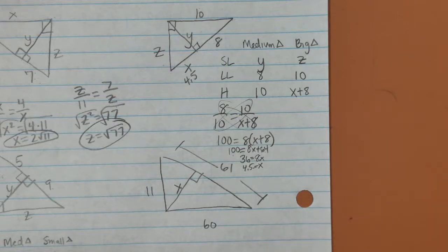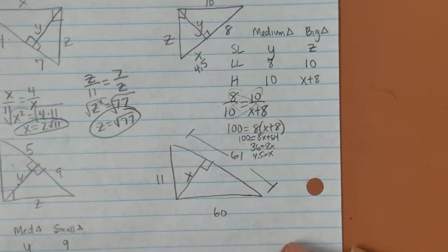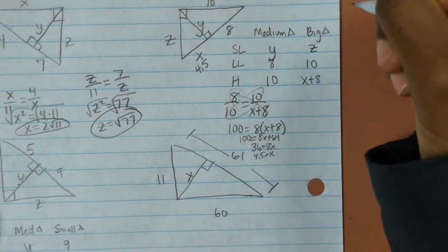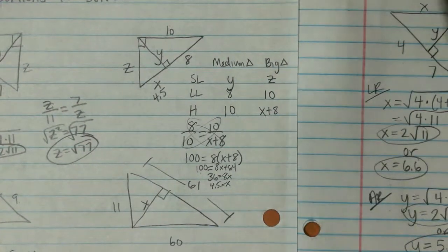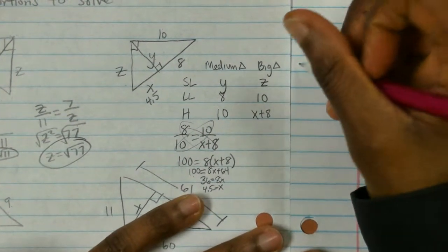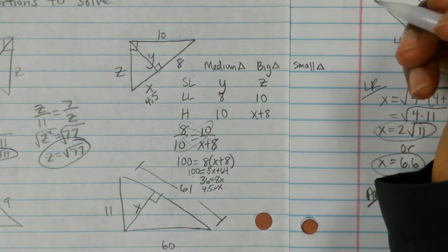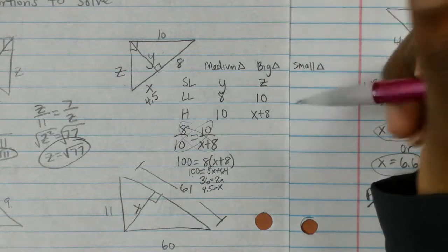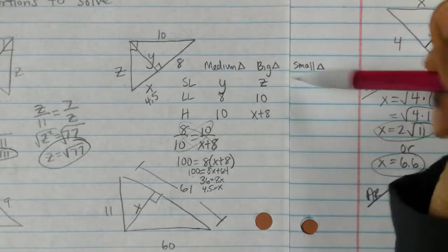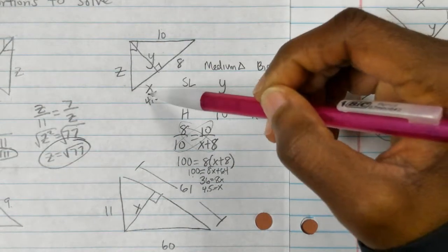I'm trying to think if I want to do the short leg. Yeah, I'll just add a sheet of paper kind of at the side here so you can kind of see it. So, if I do the small triangle, because I want to be thorough in case you're doing the proportion way. So the small triangle with a short leg, on the smallest triangle, the shortest leg looks like 4.5.